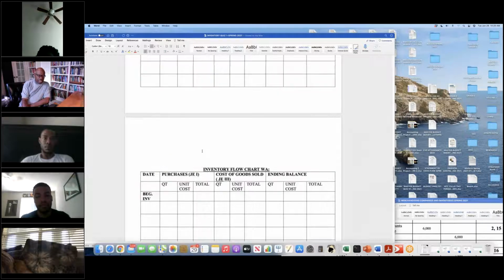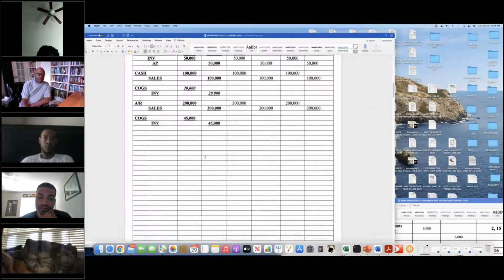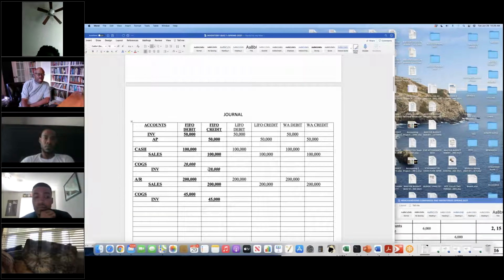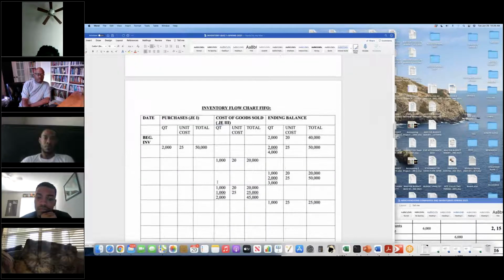Now let's go back to cost of goods sold. To determine cost of goods sold on the first sale, these are the standard journal entries. We're going to go to our inventory chart. And we sold 1,000. We're going to sell these first.